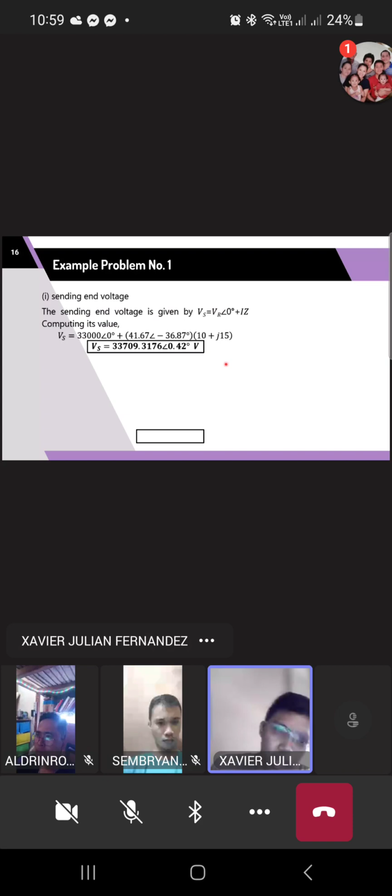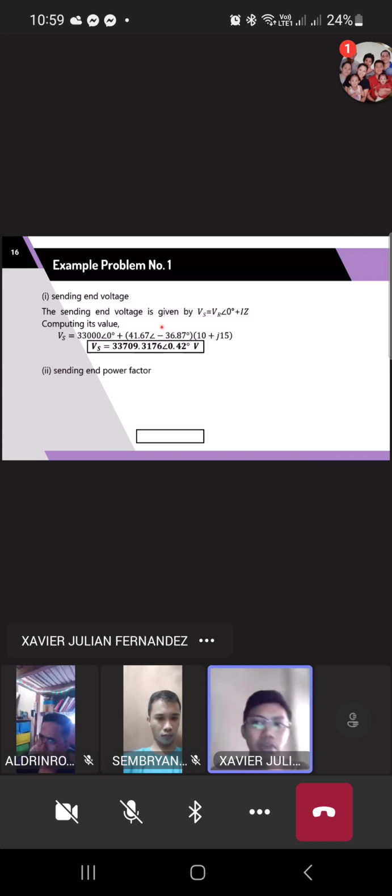Your sending end voltage already has an angle. Yes, it has an angle, because from this mathematical operation you would expect an angle, since these are complex numbers: 41.67 and 10 plus j15 are complex numbers as well.